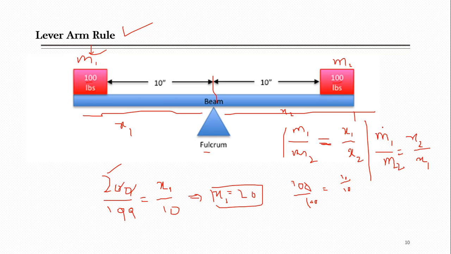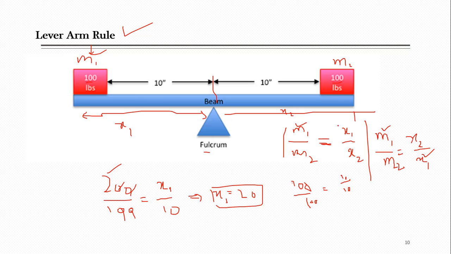Your inverse rule system is such that if you are looking for one quantity, like the distance x1 from the fulcrum towards mass m1, it is now located on the inverse side of this mass, not on the direct side.